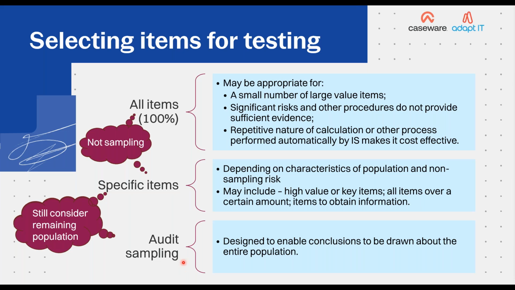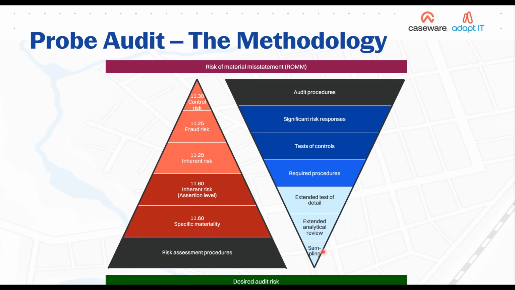And then audit sampling. Once we've tested all those and determined we still need to go further, we will do audit sampling, which is a teeny tiny one there at the bottom of our arrow. Depending on what is still remaining, we will get to the desired audit risk because our audit sample will be calculated sufficiently large.